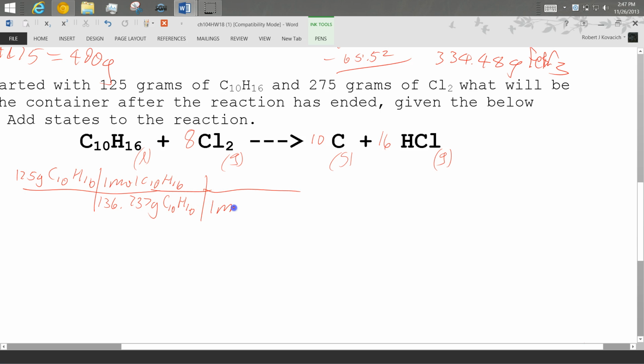And for every 1 mole, let's do 10 moles of carbon. That'll be easier. 1 mole of carbon, and then it's 12.011 grams of carbon. So this will give us our grams of carbon.